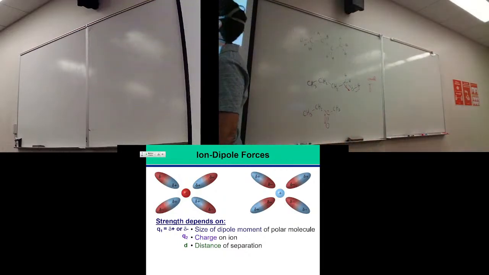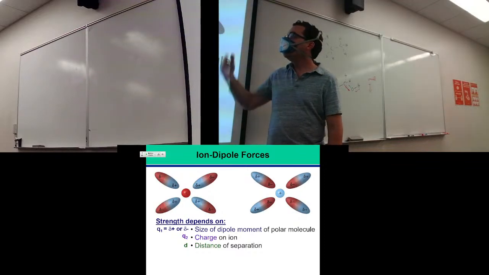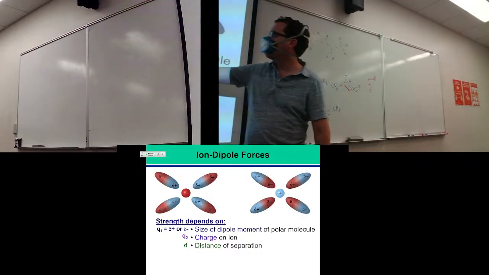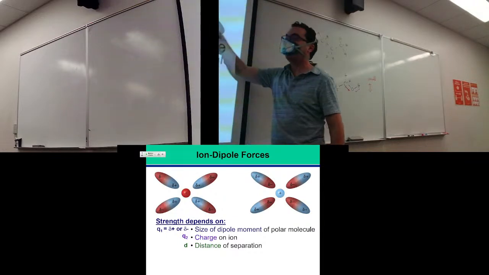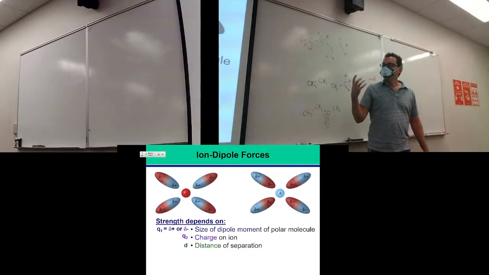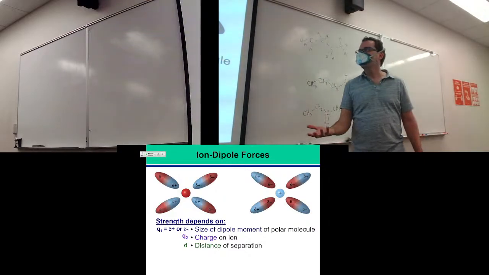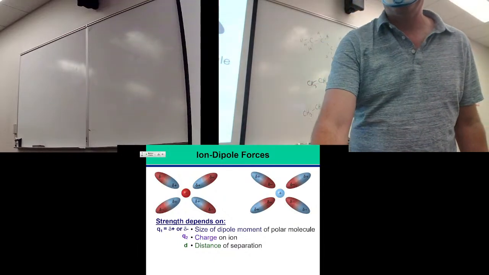It's going to be a +1 or -1 or even +2, -2, depending on what the ions are. Q2 will be, or this is backwards, I guess, Q2 is the charge of the ion. So Q1 is going to be some fraction of a charge, so not very strong, but you'll still get a pretty good number from Coulomb's law that tells you how strong that force of attraction is.